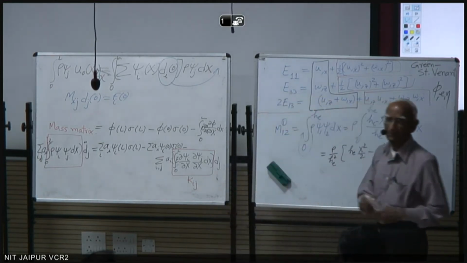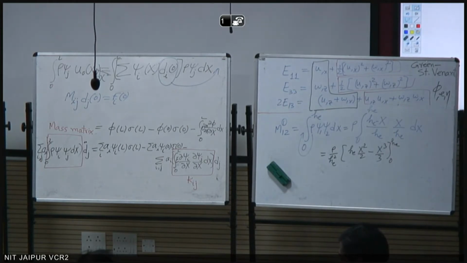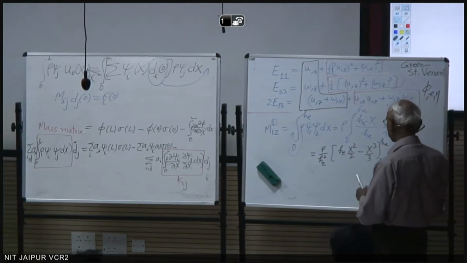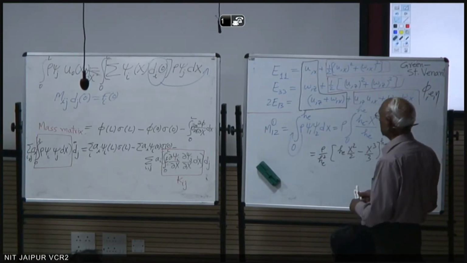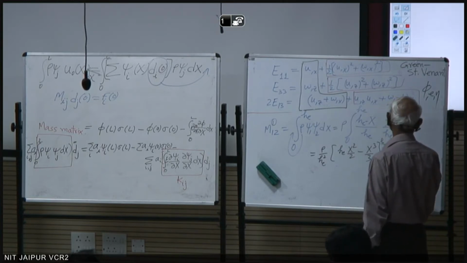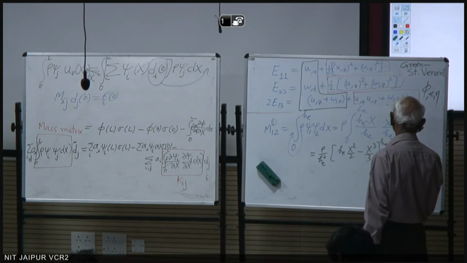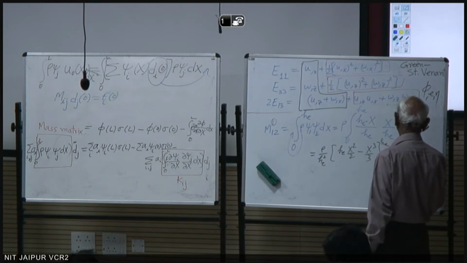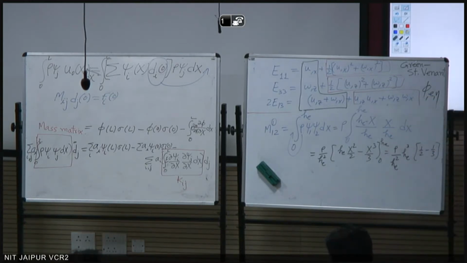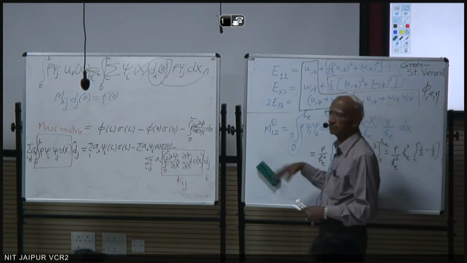Thank you. At the lower limit, this is 0. At the upper limit, this is rho over HE square times HE cube, 1/2 minus 1/3, and that's 1 over 6. One half minus 1/3 is 1 over 6.